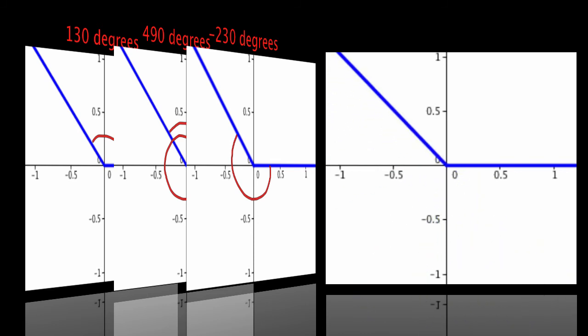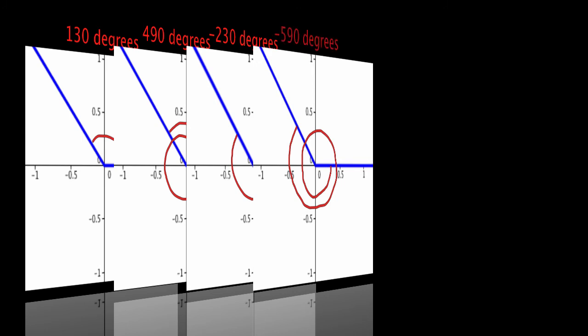And to calculate this angle measurement, we can subtract another 360 from that negative 230 to get negative 590 degrees. Since the terminal ray for each of these four angles is in the same position, we call these coterminal angles.